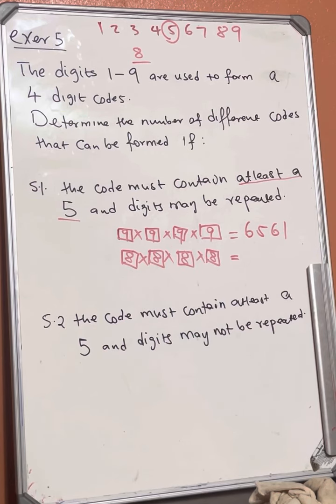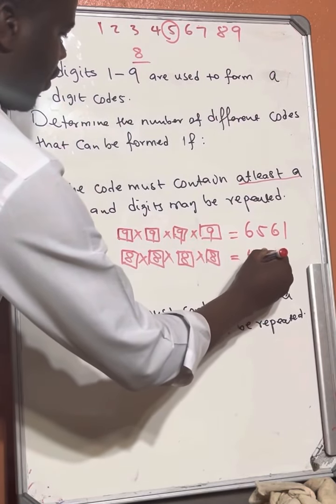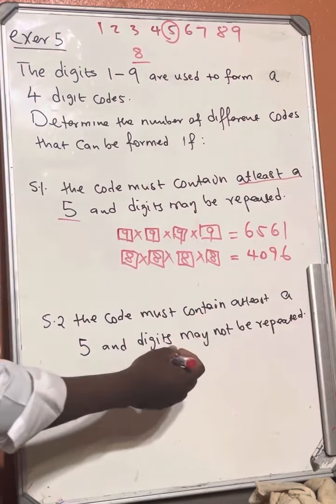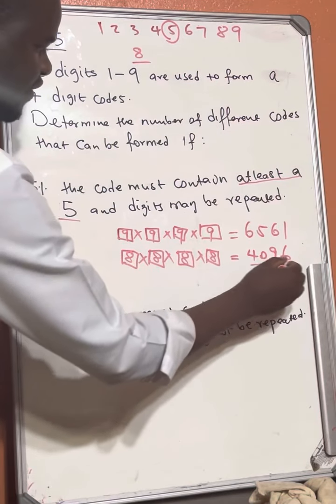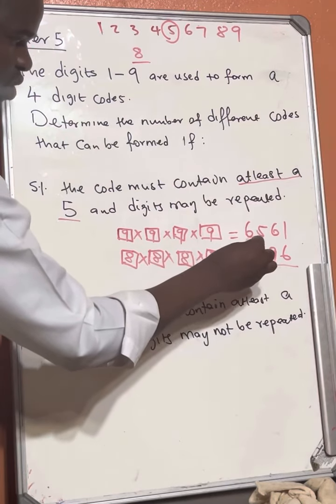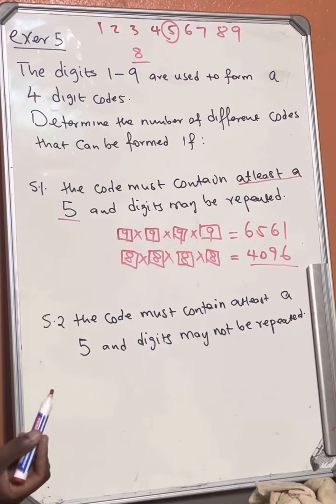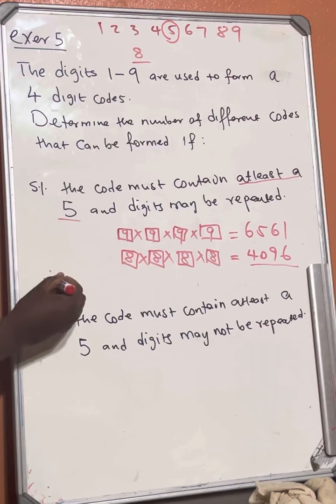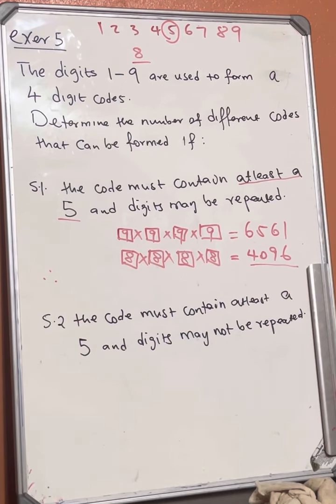So I'll say 8 multiplied by 8 multiplied by 8 multiplied by 8, which is going to give me what? 4096. This is when you don't have a 5. The other one includes codes with a 5 and some without a 5. So therefore, what is the answer here to contain a code?